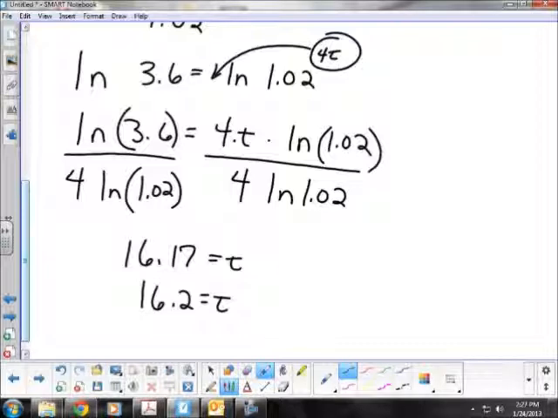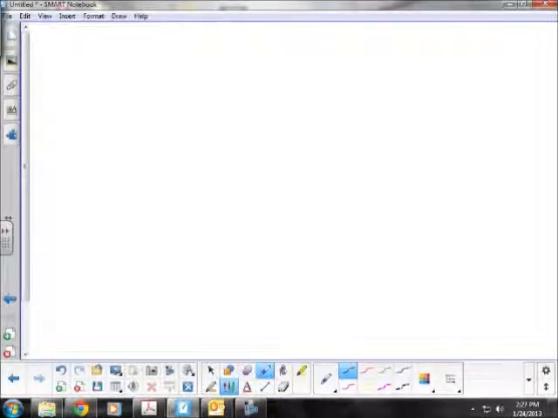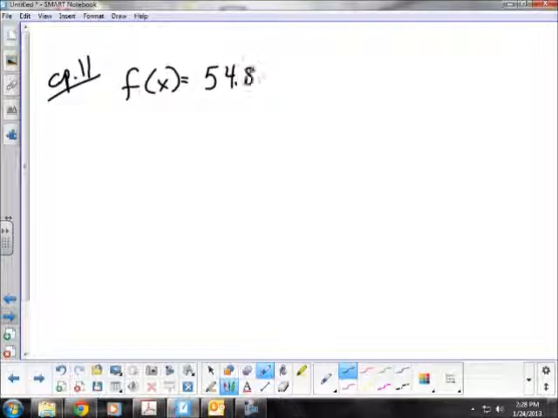Okay, and then of course we'll do an application problem with the log, so checkpoint 11. It's using the function f of x is equal to 54.8 minus 12.3 times the ln of x, where f of x is the percentage of Americans who say that they're in fair or poor health, and x is their annual income in thousands of dollars.